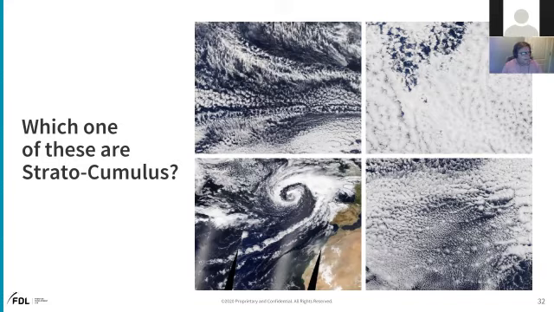These 4 images are 4 images of cloud structures. And although I might suggest that one of these is what's called stratocumulus, your classic storm cloud, they all are.